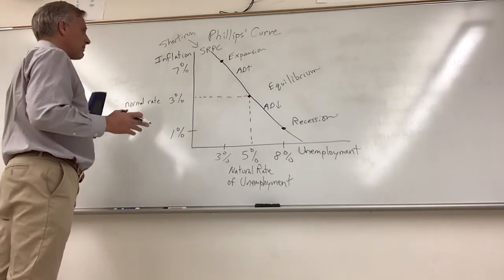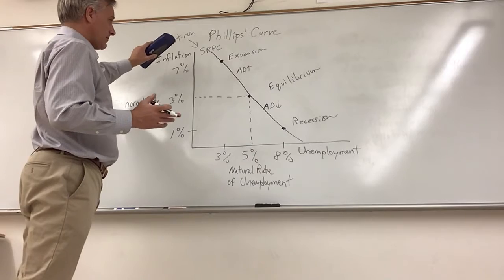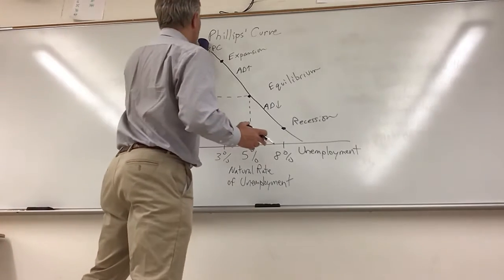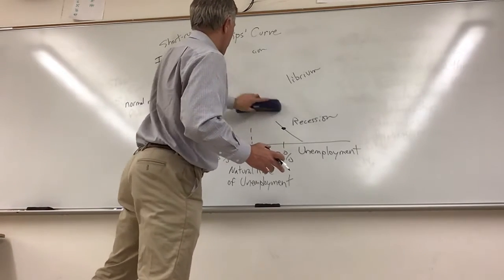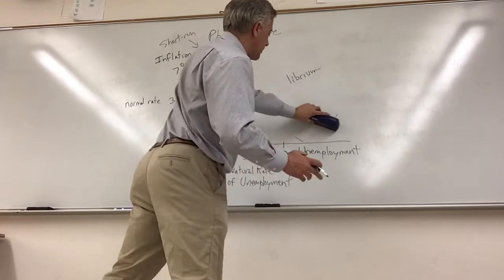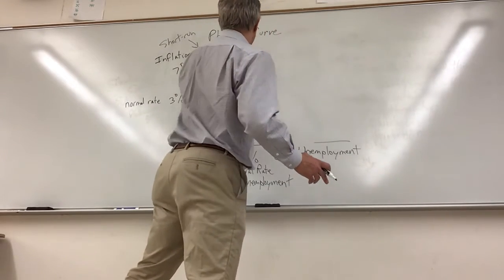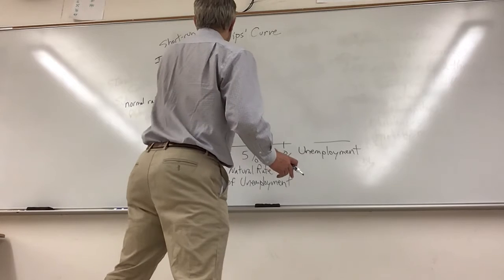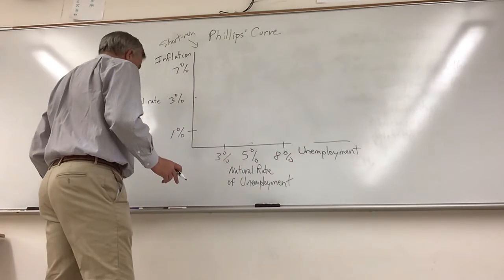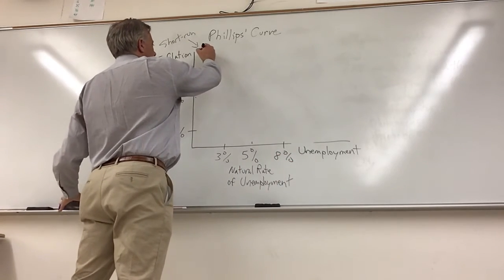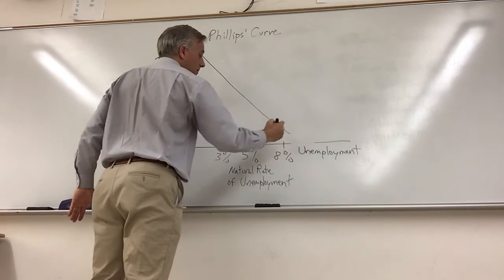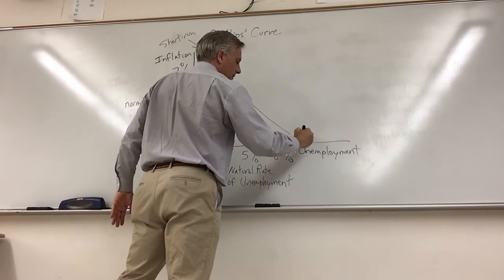We kind of make things up and then adjust as reality hits us. Okay, so I'm going to erase this graph and talk about some different situations. We're going to still have the short run Phillips curve, I'm just not going to draw in everything. Let's say I have my short run Phillips curve here.